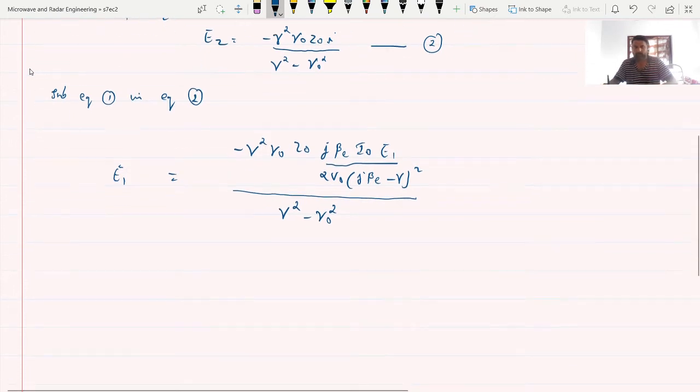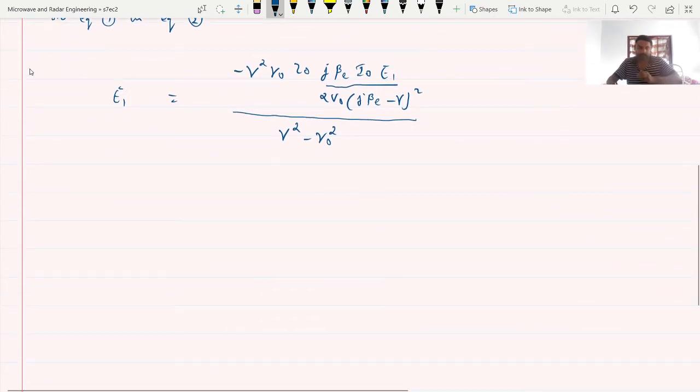So this E1 gets cancelled, and ultimately you have gamma square minus gamma naught square multiplied by this term.